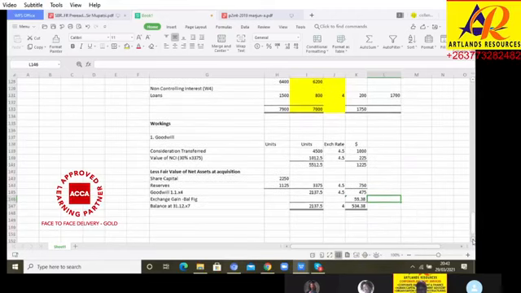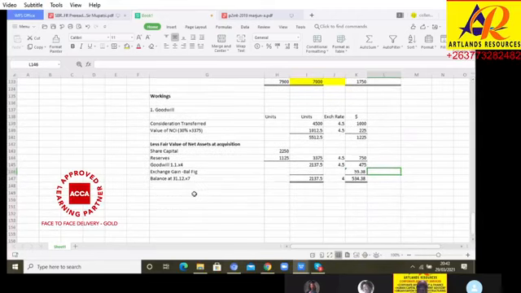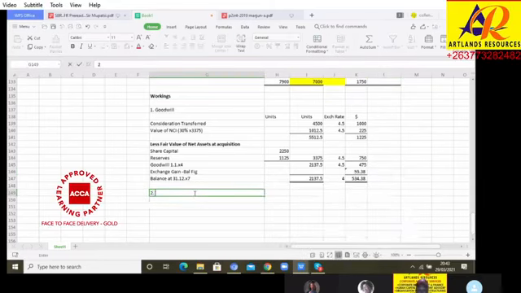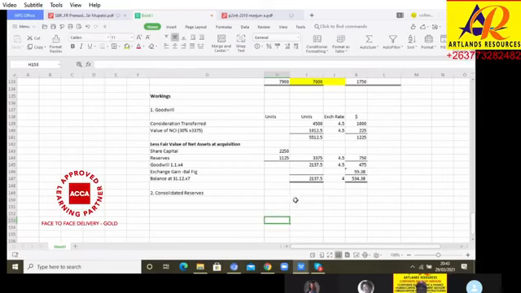So there you go, and then you go to the working for the consolidated statement of profit or loss, consolidated reserves. Let's say consolidated reserves. We have got two companies here.